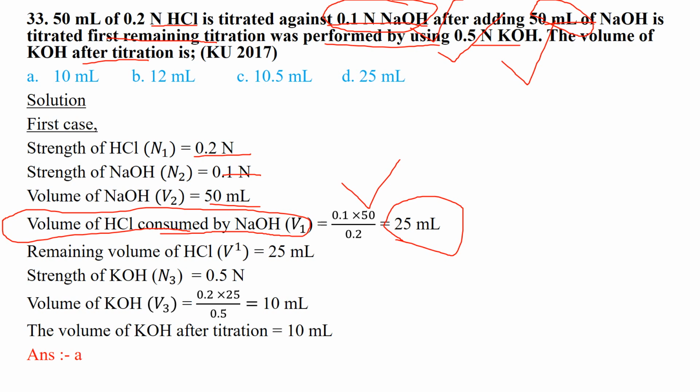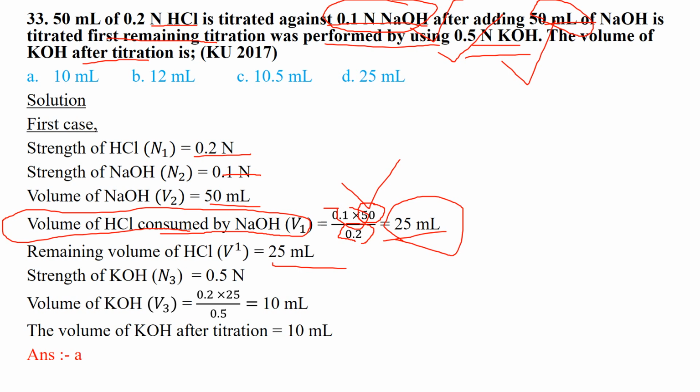Then N2 into V2 by N1, right? 0.1 is the N2 and 50 is the V2, divided by N1 which is 0.2. So the answer will be 25 ml. So sodium hydroxide consumes only 25 ml of 0.2 normal HCl. Then what is the remaining volume of HCl? 25 ml. For the remaining volume, that is 25 ml, 0.5 normal KOH is used.